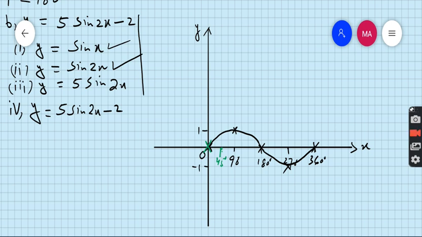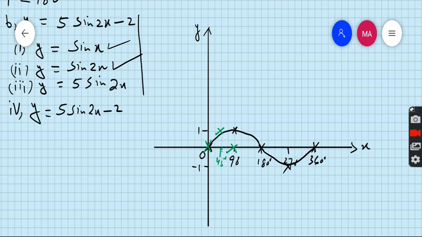So this is the first point. If we put 90, the value is 0, because 90 into 2 is 180, and sine 180 is 0.